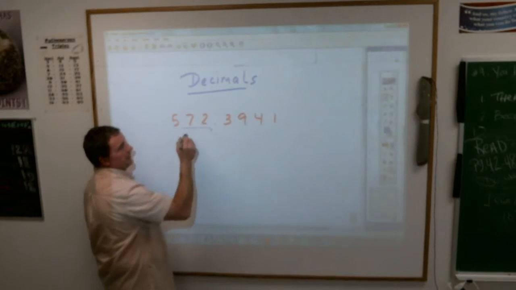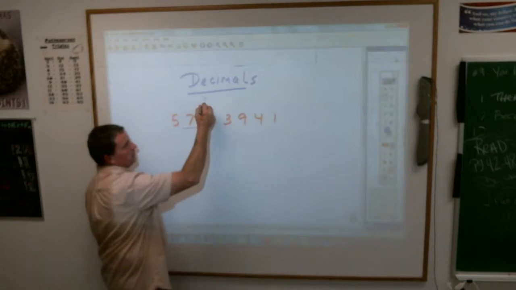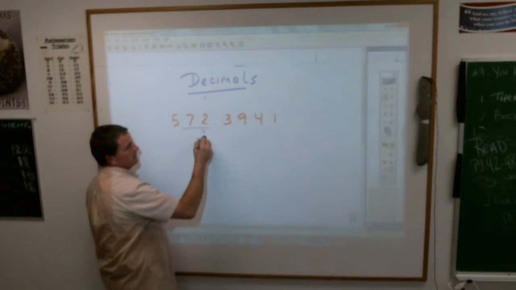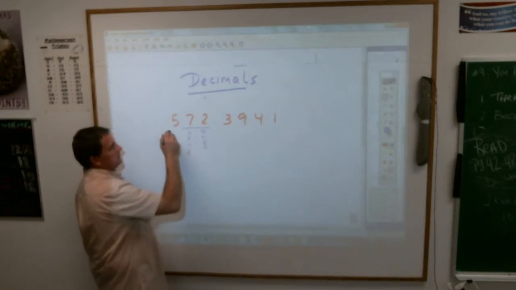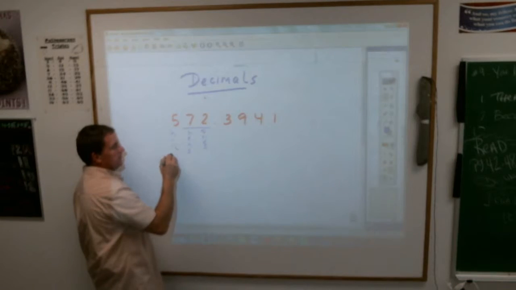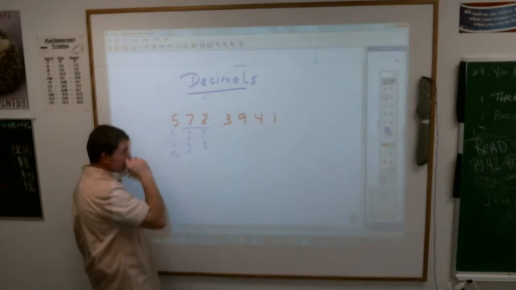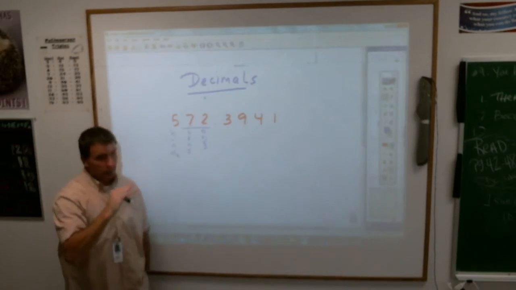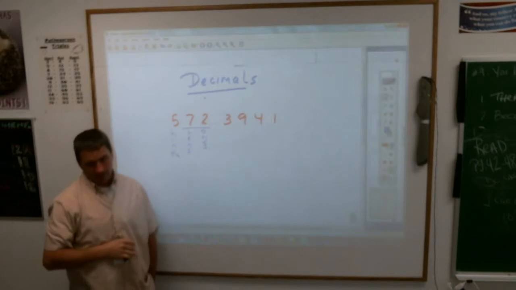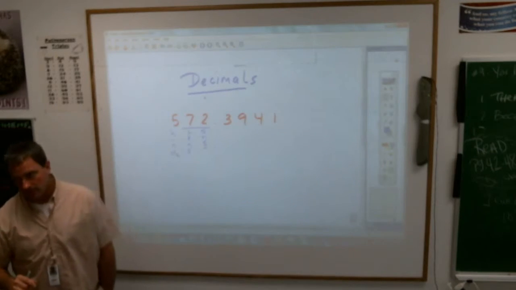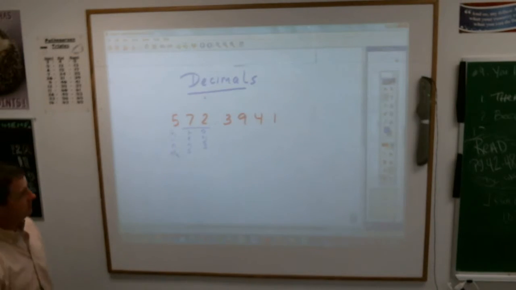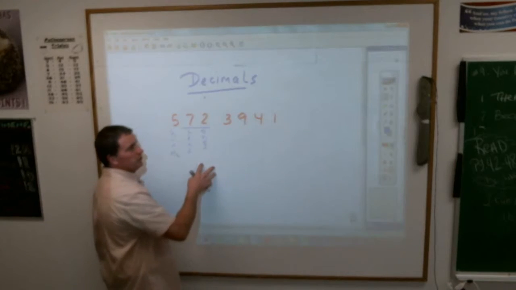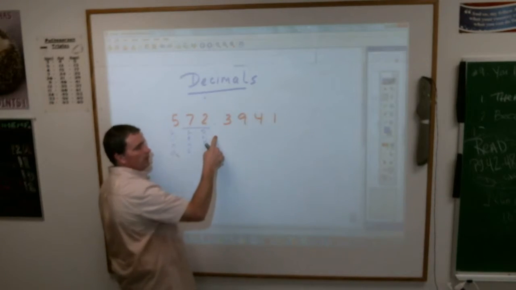On the whole number side, this is the ones place. This is the ones place. This is the tens place. This is the hundreds, and so on. The decimal side is a reflection of that, except, ladies and gentlemen, please hear me clearly, there is no ones place. It's going to be an exact mirror of this, except there is no ones place.